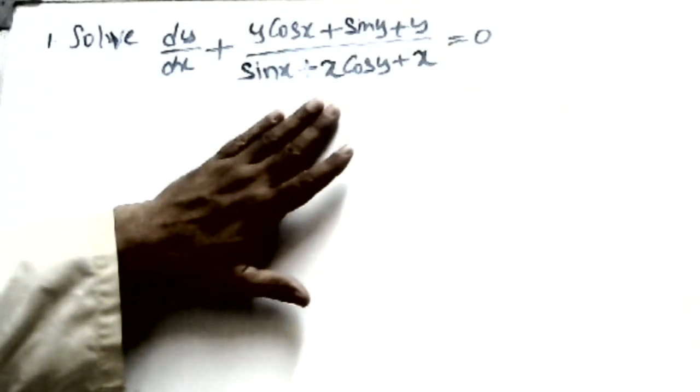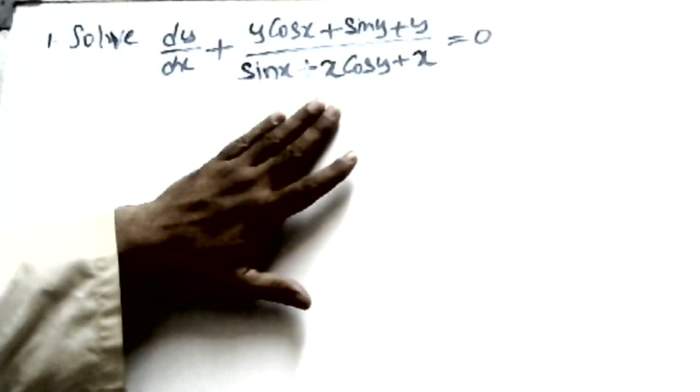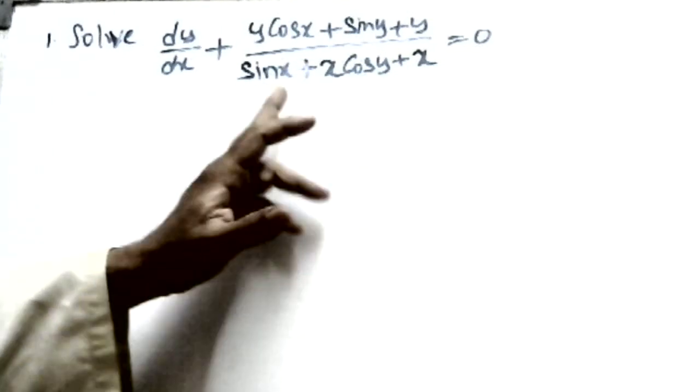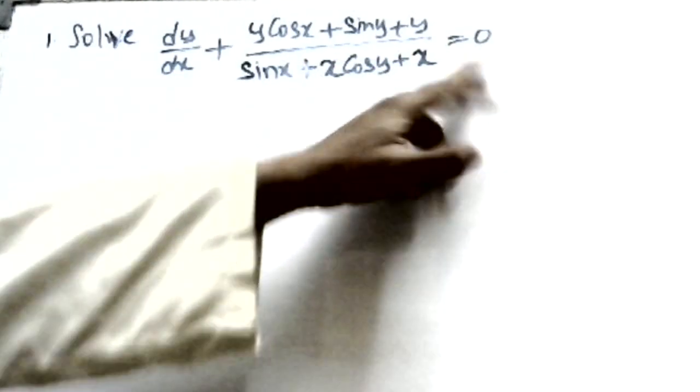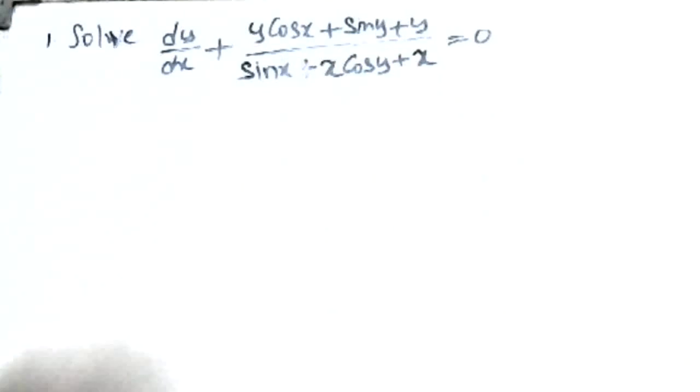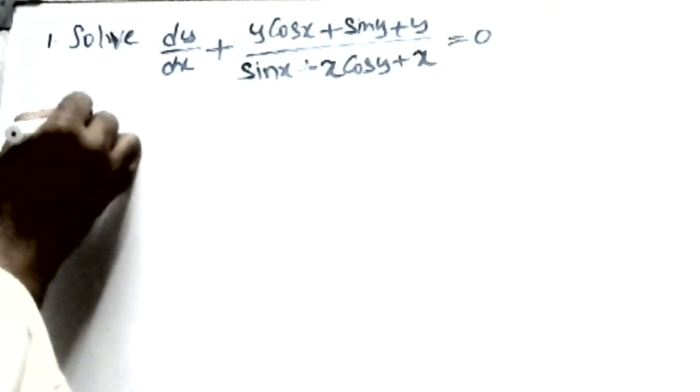Now the next question, see here. First let me change it into the form m dx plus n dy equals 0. For that, you bring this term to the other side, it will become minus.